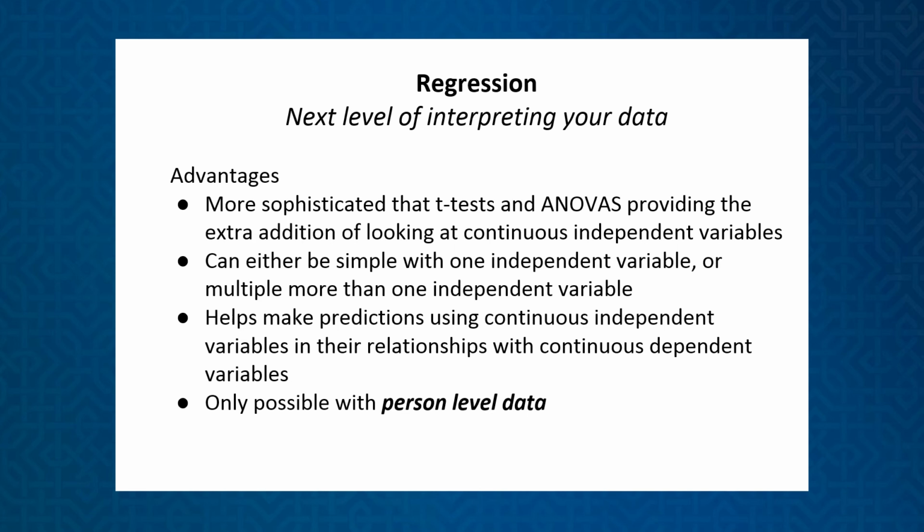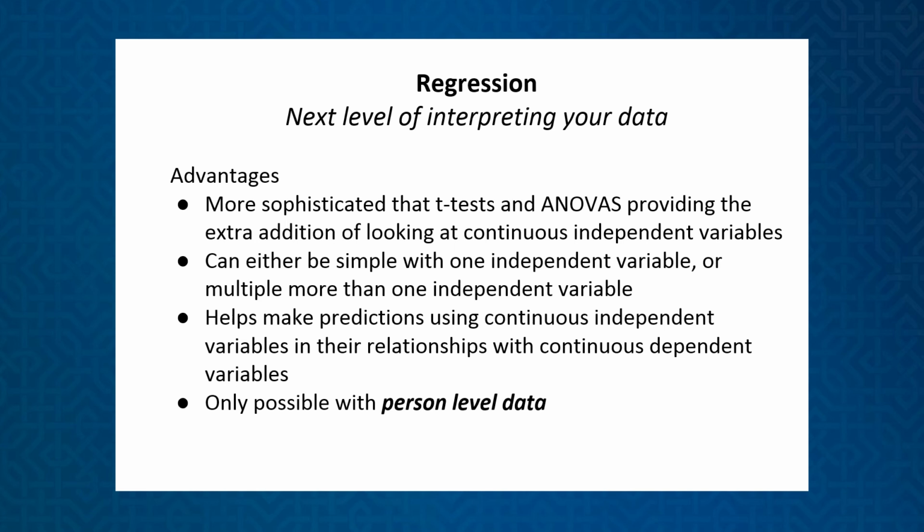So one of those is regression, and it can be either simple with one independent variable or multiple with more than one independent variable. And the advantage of regression, now you could theoretically do what you could do with Anova and t-test in regression, but in addition to that, you can also look at continuous independent variables.